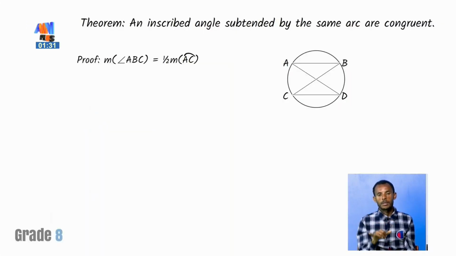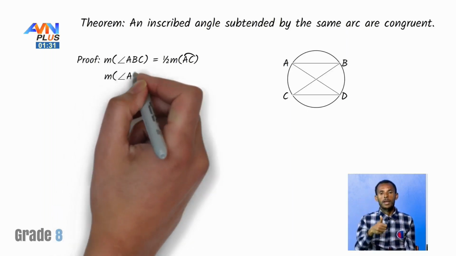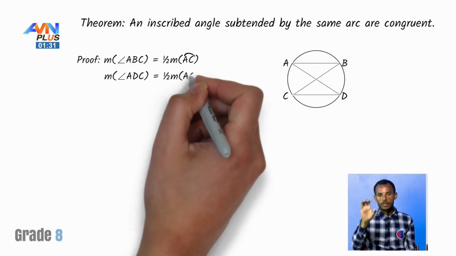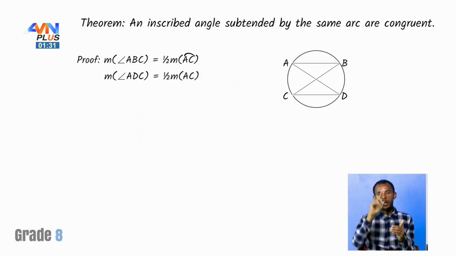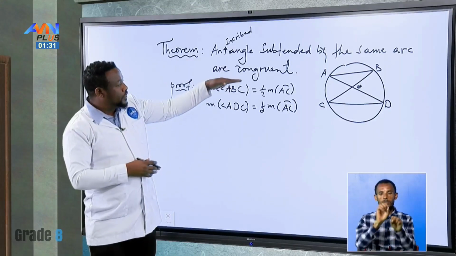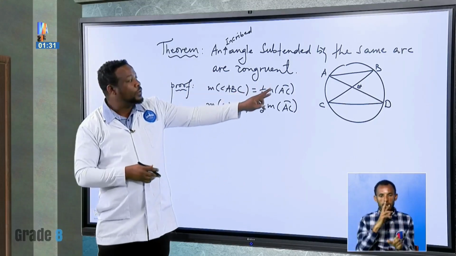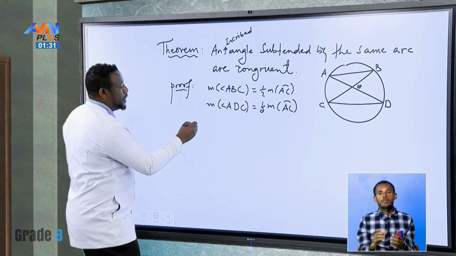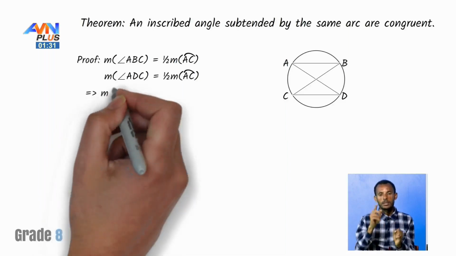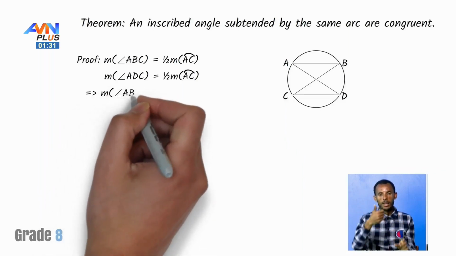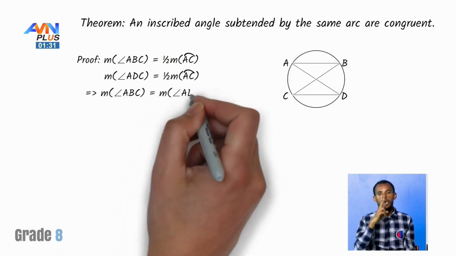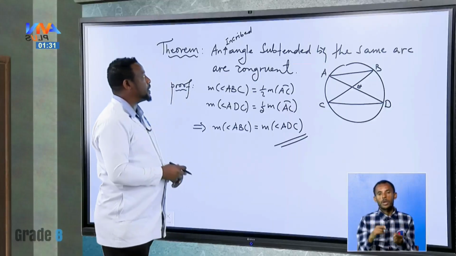Similarly, the measure of angle ADC is equal to half of the measure of arc AC. Since these two angles are equal to half of the measure of arc AC, by transitivity, we can say that the measure of angle ABC and the measure of angle ADC are the same. Okay, this way we can prove this theorem.